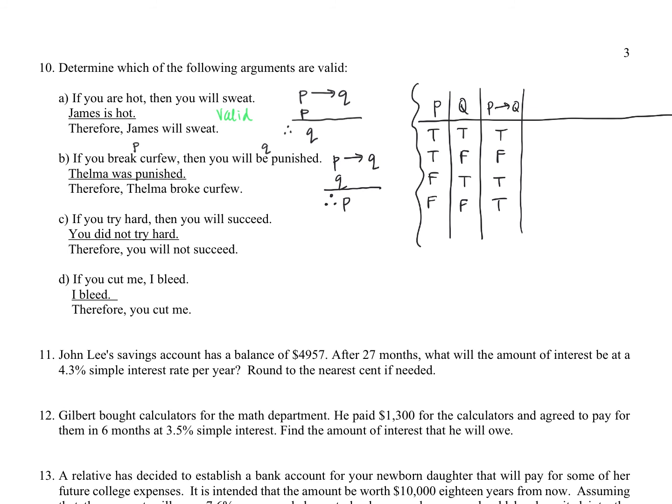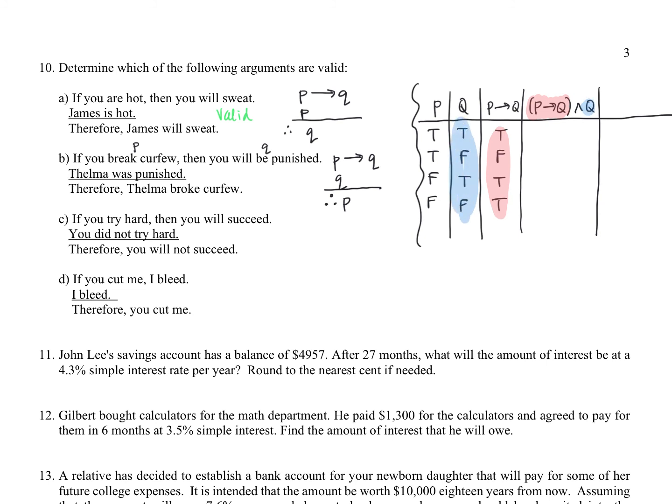All right, now we want to see if the two arguments as a conjunction lead to a valid conclusion. So we want to know, does P implies Q and Q, and then we're going to see if that implies P. P implies Q is this column, and Q is this column.